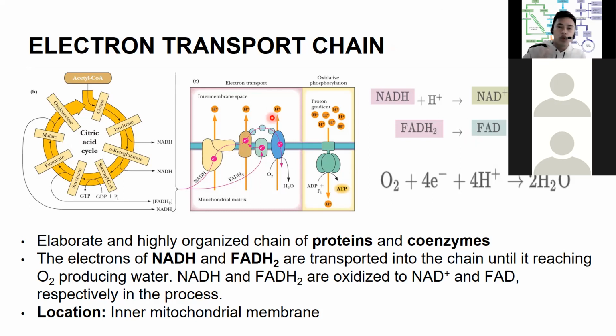So the electrons gained by your NADH and your FADH2 will be passed on to the different proteins and coenzymes. As electrons move along this chain, they gain energy.